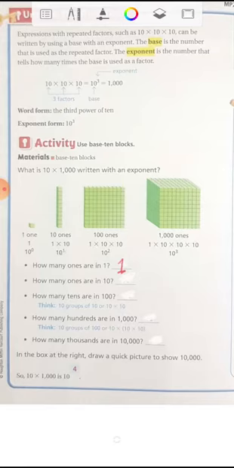So you have to put the base 10 and the number of repeated factors here is 1 only, so it will be 10 power 1. So if you want to read or write this number in powers of 10, you write 10 power 1. In the second question, how many ones are in 10? You remember there are 10 ones, right?